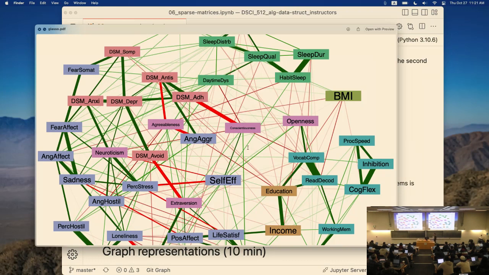We had a large data set containing thousands of people, and in each column of that data set we had scores for questionnaires that would measure, for example, how anxious a person is, what is the state of their sleep quality and stuff like that.